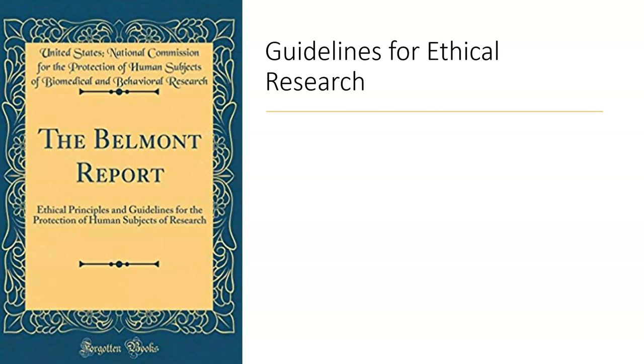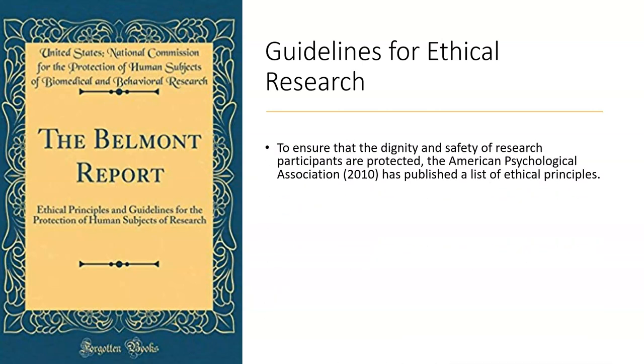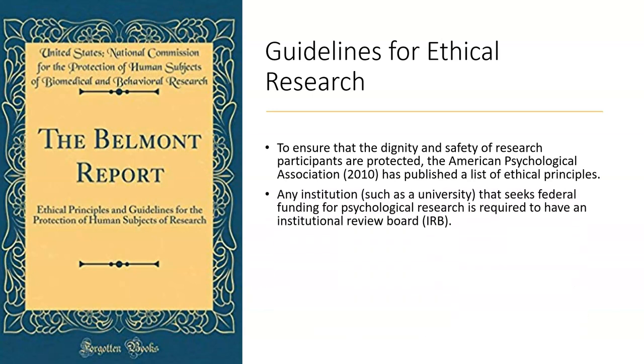And psychologists follow these guidelines. The American Psychological Association, which is one of our two major professional associations, argues that we are required as researchers to ensure the dignity and safety of research participants. And these ethical guidelines are tethered to your ability to actually conduct your research.